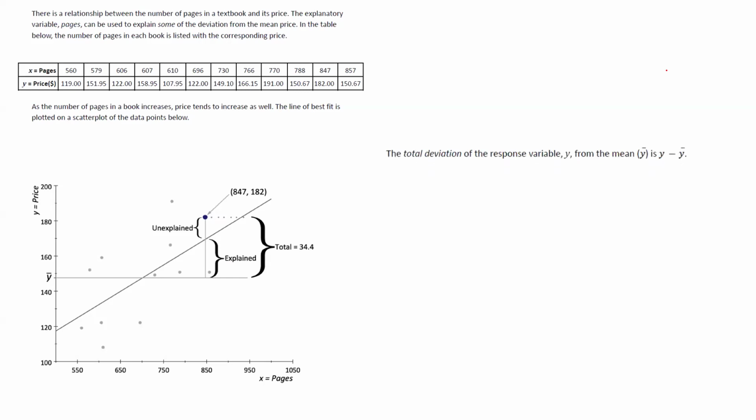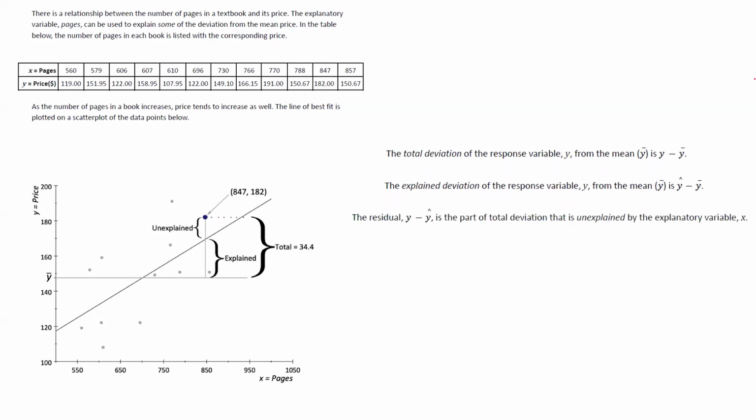So the total deviation of the response variable y from the mean y bar is y minus y bar. The explained deviation of the response variable y from the mean is denoted by y hat minus y bar.